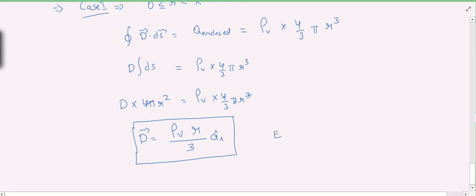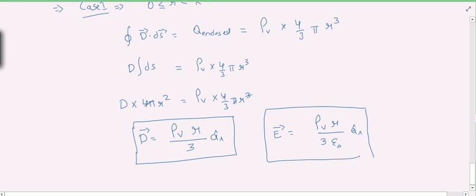And if I want to write the E for this, it will simply be divided by epsilon. I am taking free space, so I will write epsilon naught. Depending on the medium, you can write epsilon. So this will be the value of electric field intensity inside this uniformly charged sphere.